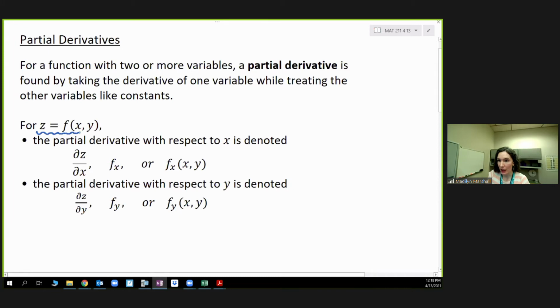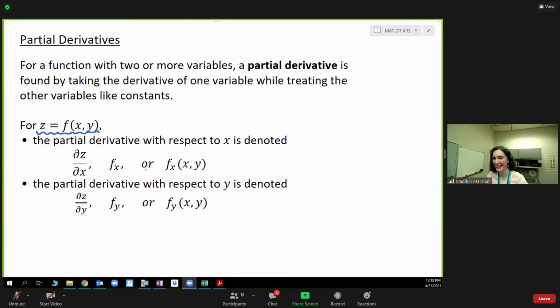So z equals f of x y is our function in two variables, so in x and y. So we have that third z axis. And so we have 2 ways of expressing each of the partial derivatives in terms of x and y.